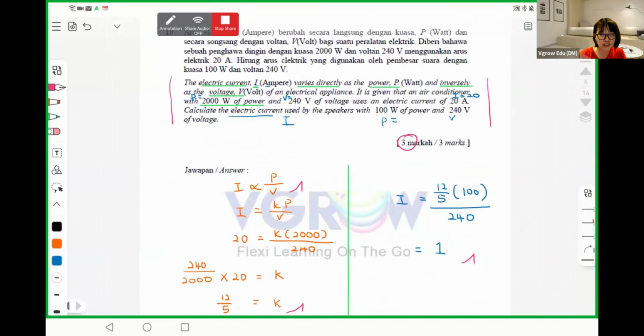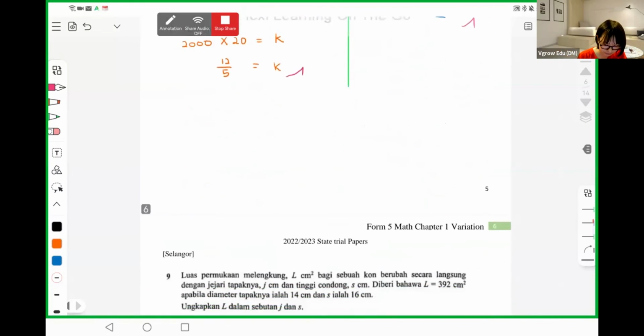If you check the marking scheme, you don't need to put the unit. But if the question gives you kilometer, and at the end they want to ask for meter, with a different unit it's better you write out the unit. If it's the same, you can just leave it. But if you want to write it, also can, no problem.